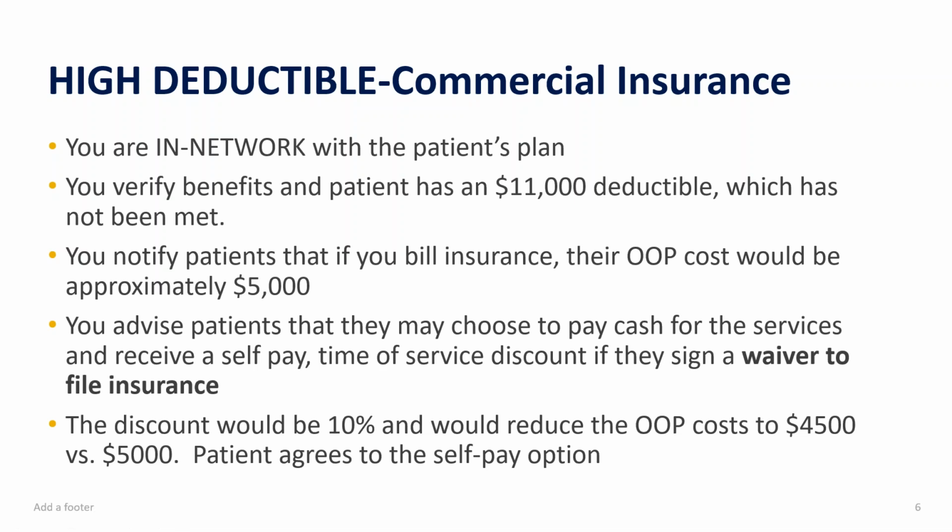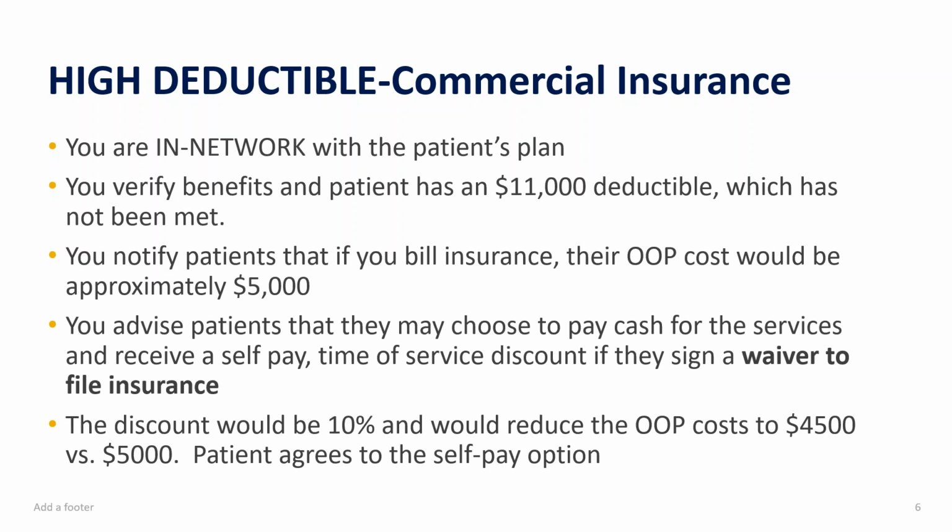But when you're in network, you're required to file for the patient. But you find out that the patient has an $11,000 deductible, which has not been met. It's early in the year, or this patient generally doesn't need enough medical services to ever meet their deductible unless they have a catastrophic type of health event. And so their deductible has not been met.